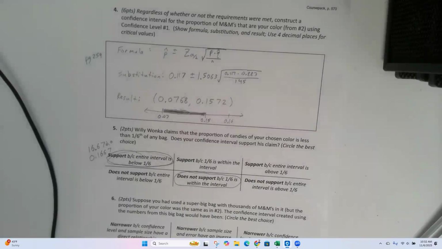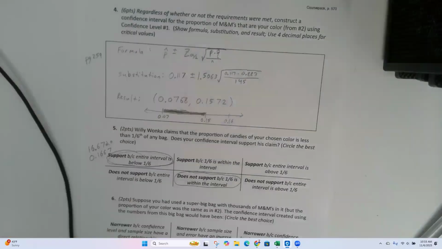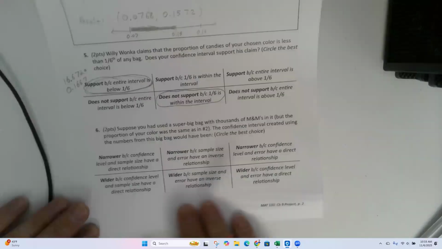Or I should have used a larger confidence level, more like 95% or 99% confident. In my case, I was only 86%. So I left a lot of chances to be wrong. There's a 14% chance that I'm wrong. That's pretty big, as opposed to a 5% or a 1% chance.